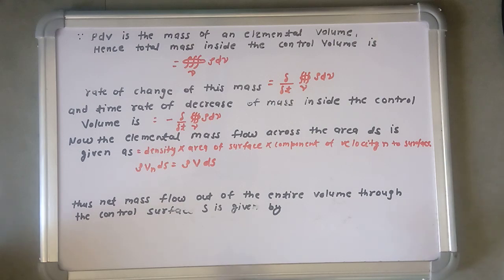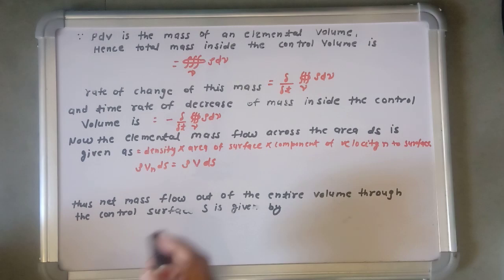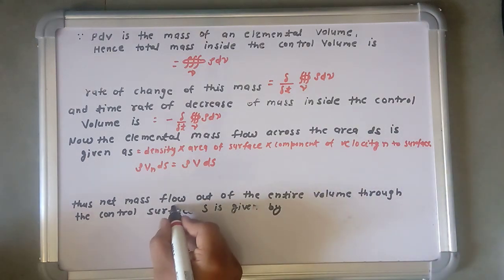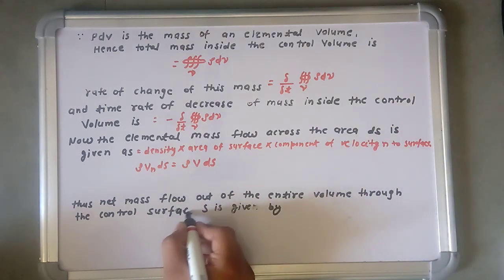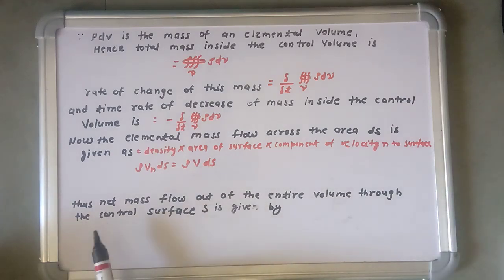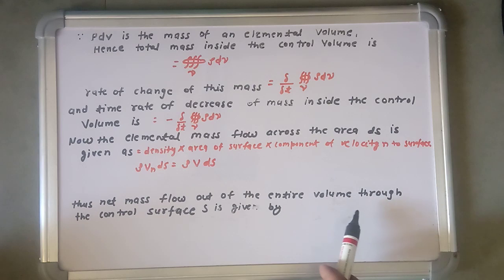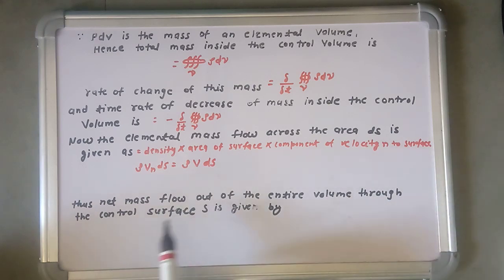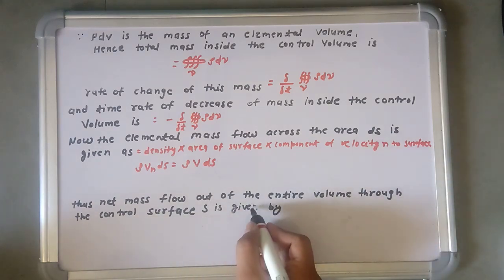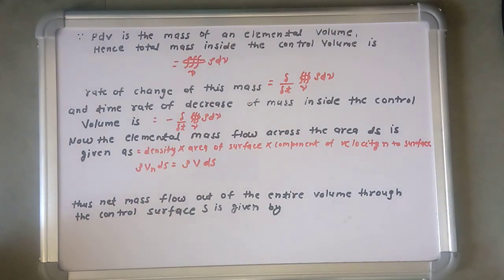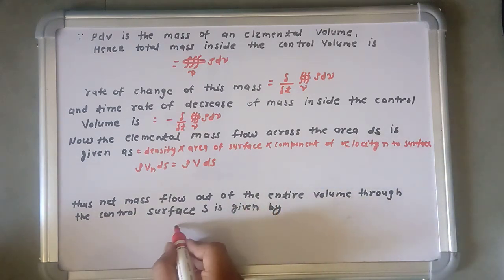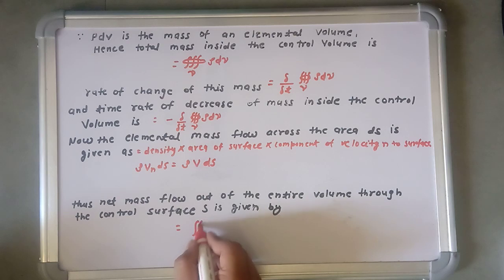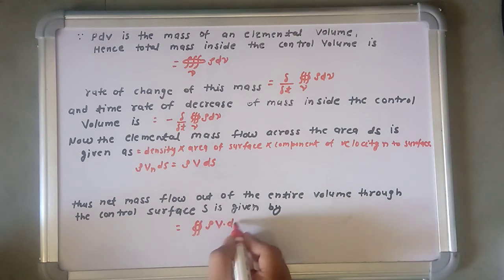Thus the net mass flow out of the entire volume through the control surface S is given by the closed surface integral of rho V dot dS.